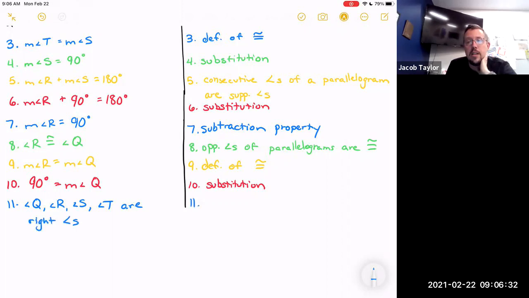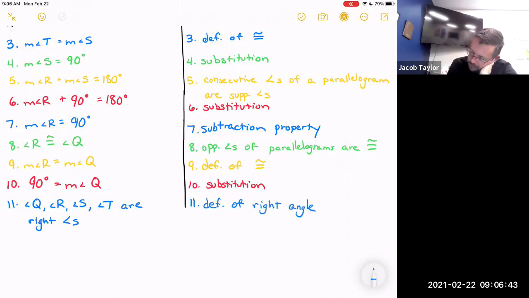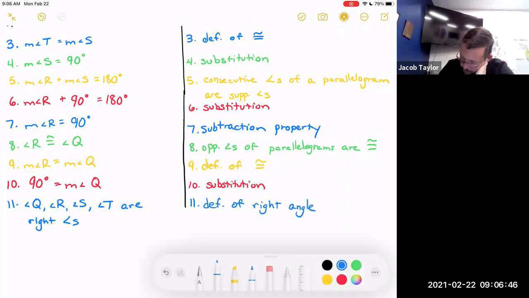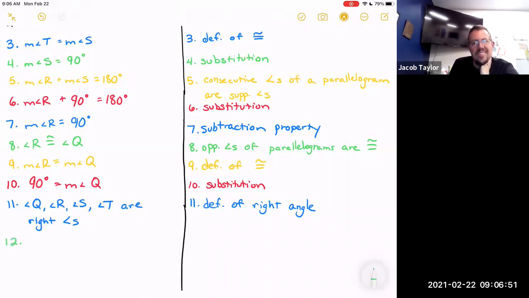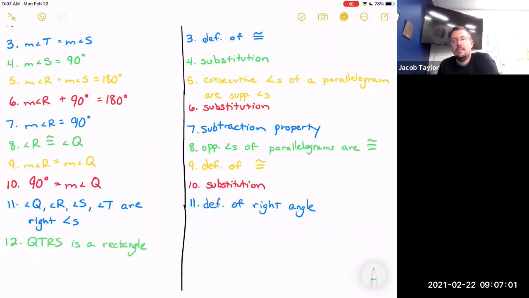Because the definition of right angle says if it's 90 degrees, it's a right angle. The definition says that, and also because I said so. So we now know it's a rectangle because it's a parallelogram, which we were given, and it's got 4 right angles, which makes it a rectangle. Definition of rectangle.